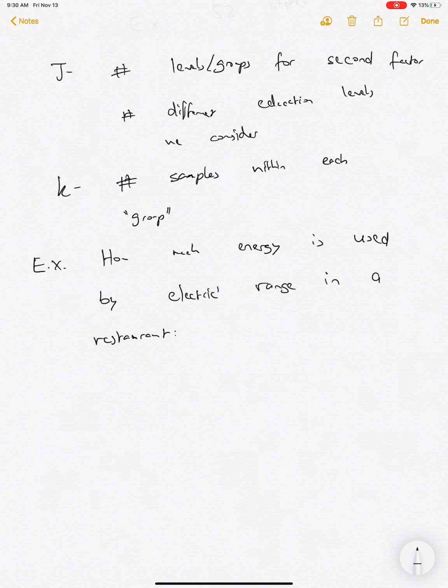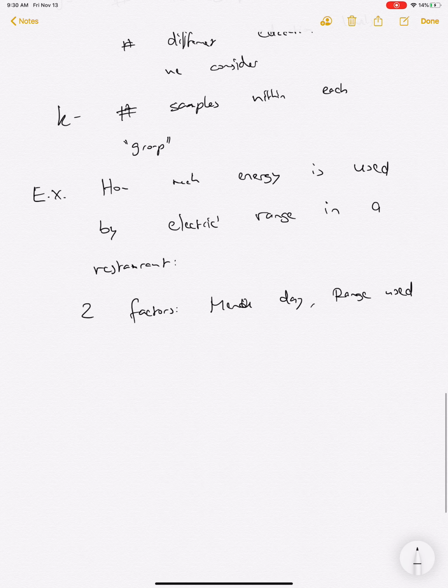And here we've got two factors. So we have the menu day, and then we have the range used. So the restaurant has a bunch of different ranges, in fact, 3 that we look at. And this is on page 489 of the textbook.